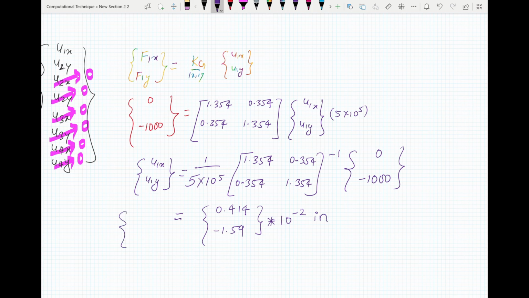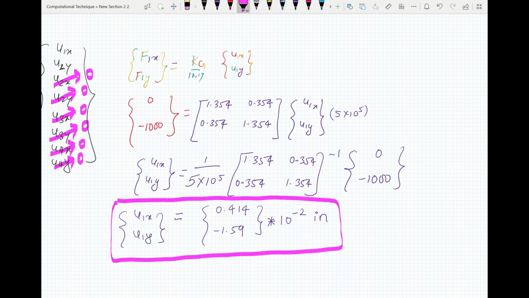So this is our solution. Now here you can see that your U1x moves in the positive x direction and U1y moves downwards, and this is in the direction of the force applied. So this is our required solution.